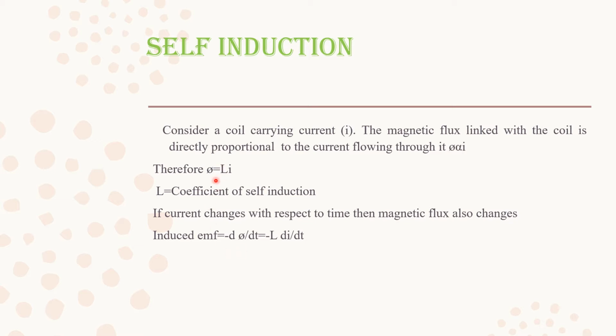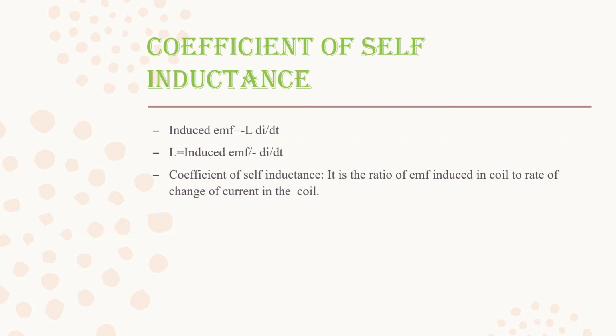But we know phi is equal to L into I. So we simply replace phi by L I, and our equation becomes minus L into dI by dt.